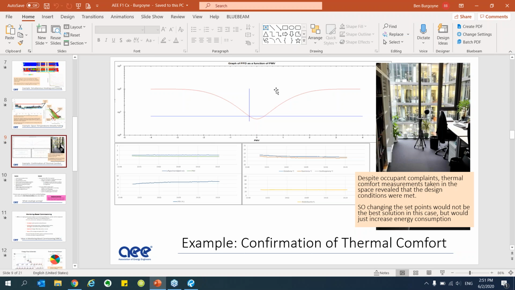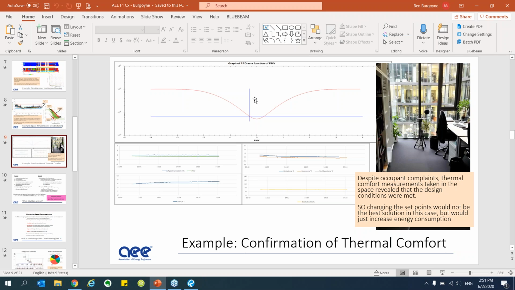It provides calculations, taking the input from these various measurements, to calculate the PMV and PPD. PMV is percentage mean vote, and the PPD is the percentage of persons dissatisfied.